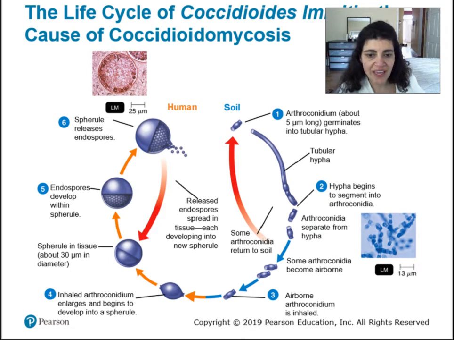So even though you're inhaling the arthroconidium, the spores are growing inside the human body, if that makes sense. You see, all the orange arrow parts here are in the human body. This is what it looks like in the tissue, where you have the sphere full of endospores inside. And this is how the arthroconidium looks.